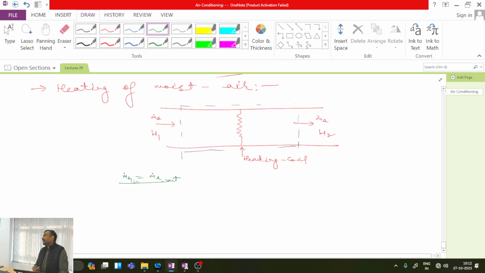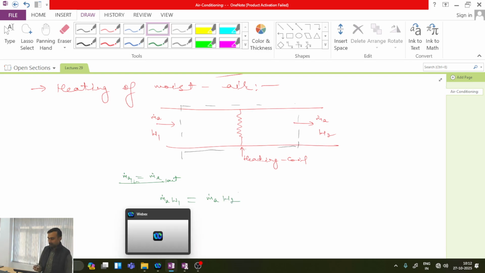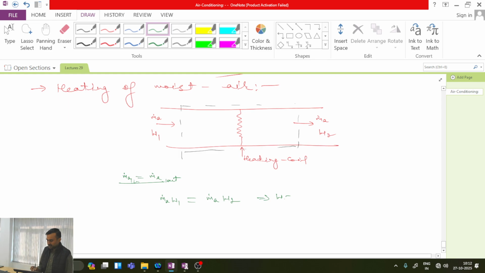I do not have any additional entry of water, and there is nothing from where water can go out. So if I write the moisture balance, the mass of vapor at the inlet will be m dot a into W1, and the mass of vapor at the outlet will be m dot a into W2. Now m dot a is the same, so in this process W1 will also be equal to W2. Is this one clear?